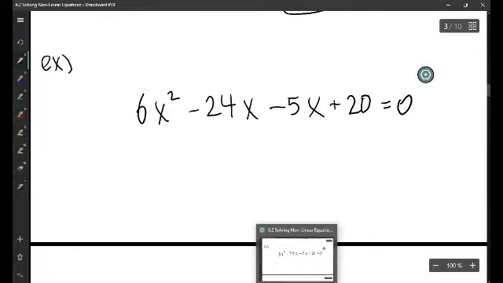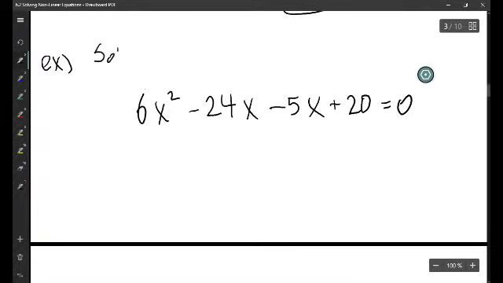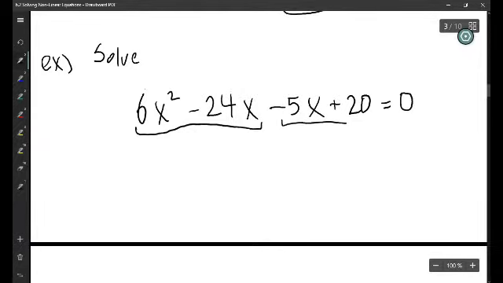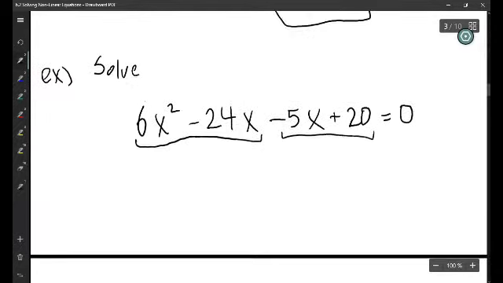So suppose we want to solve 6x squared minus 24x minus 5x plus 20 equals 0. Well, we can try factor by grouping since we see 4 terms. We form our 2 groups.